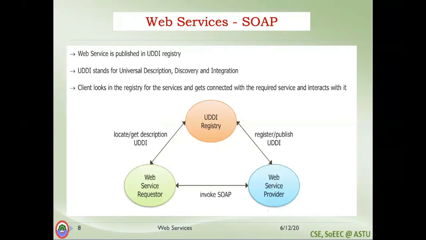And if you look into the major elements in any web service, as we already discussed, in web services there are three elements. One is the registry, which is used to store the information about the different services. It is a kind of registry to maintain the information of different services.